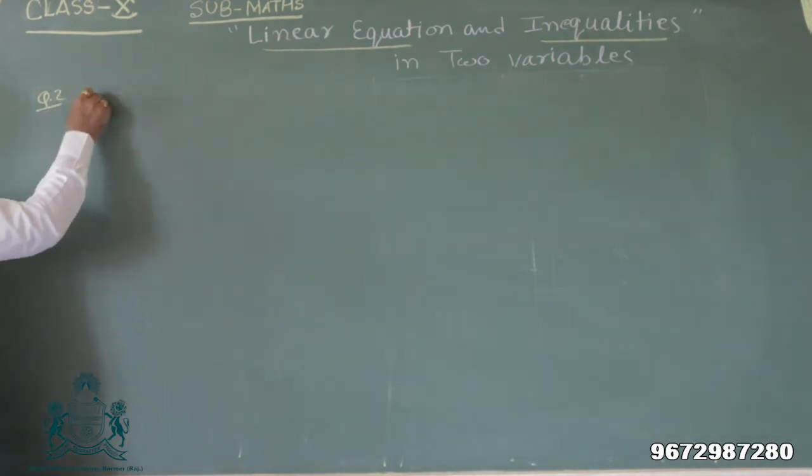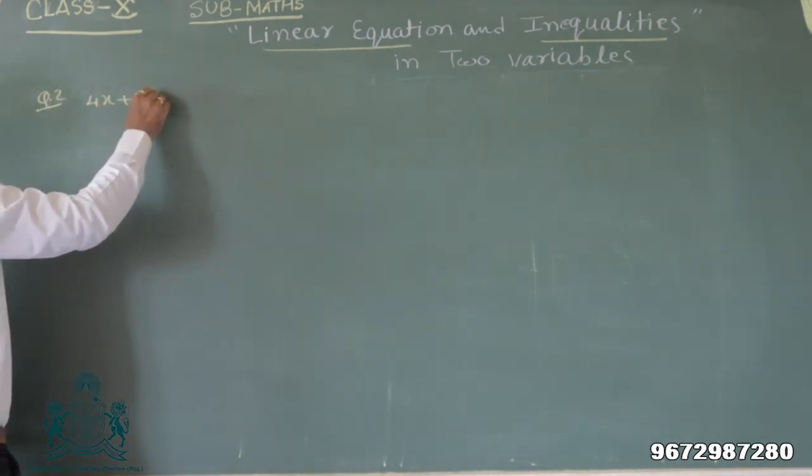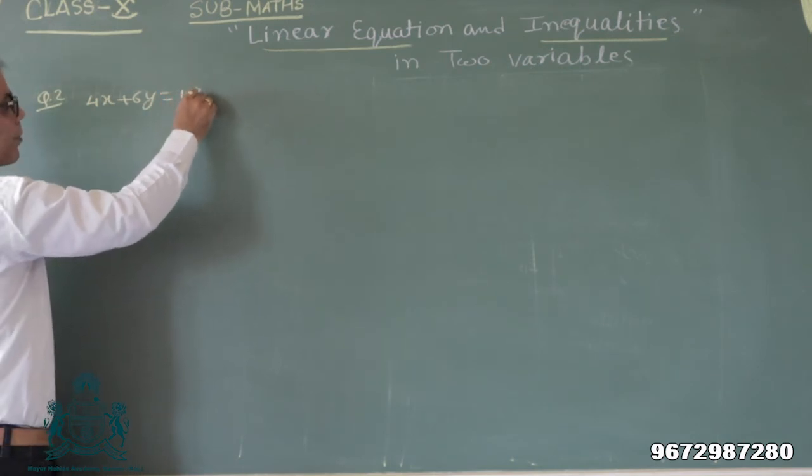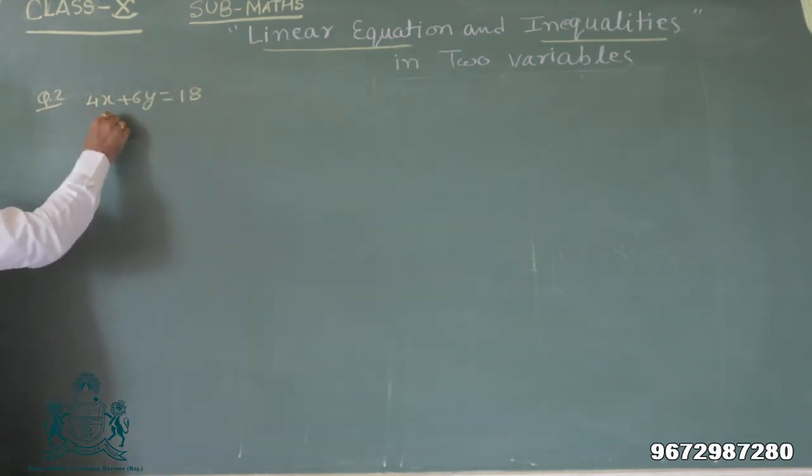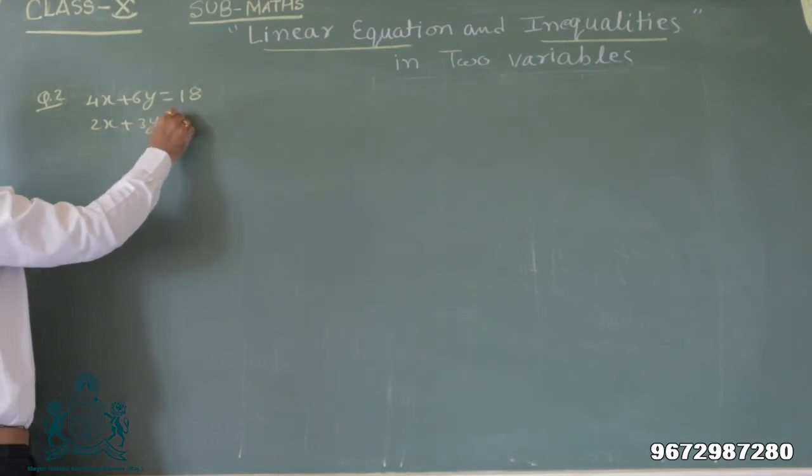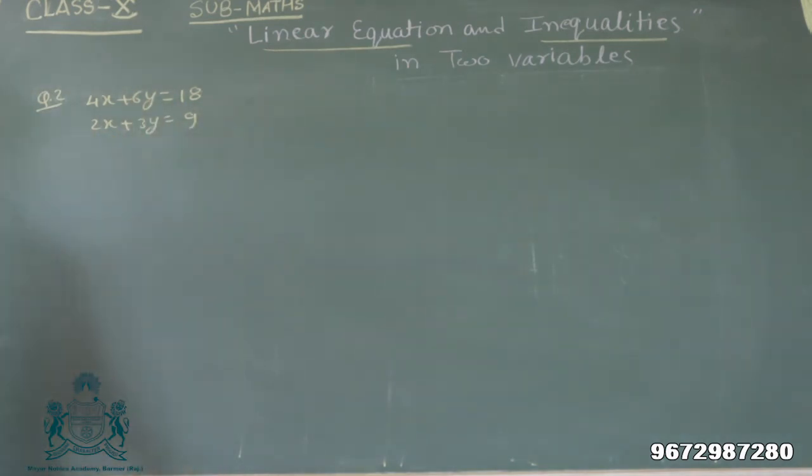4x plus 6y equal to 18 and 2x plus 3y equal to 9.